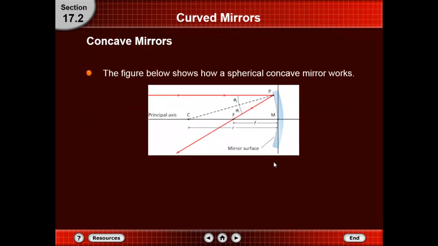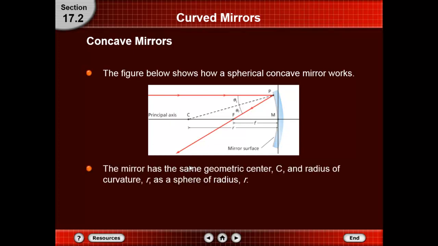In this figure, we show how the spherical concave mirror works. I have two lines. This red line is parallel to this principal axis line. The line that passes through the center of the concave mirror, we call the principal axis.